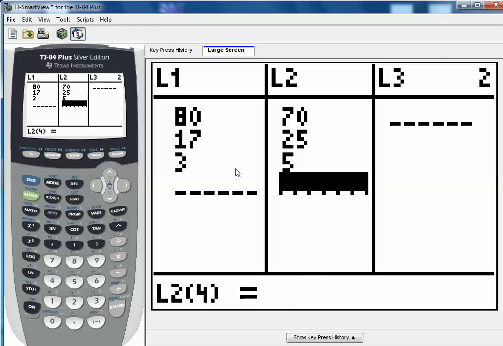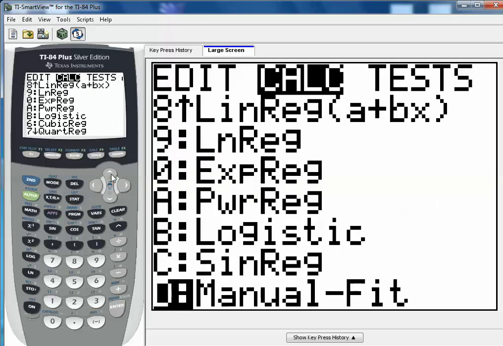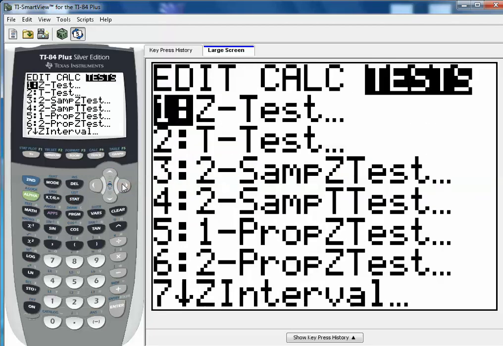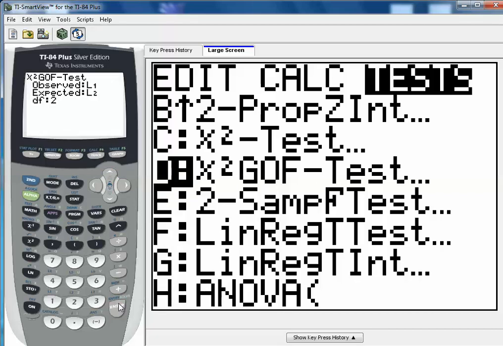So the test we're running is basically comparing the actual results we got with what they're supposed to be. Now we need to find the probability of, if it's supposed to be this distribution, what's the probability of getting a sample like this? And that is our goodness of fit test. So going over to Calc Tests, chi-squared goodness of fit test.